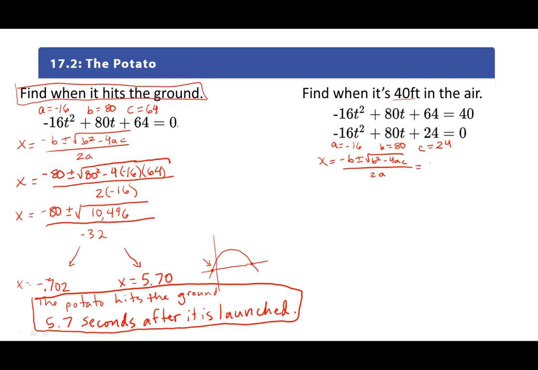And when we plug in our values, we have negative b, so negative 80, plus or minus the square root of 80 squared minus 4 times negative 16 times the c value, which is 24, over 2 times our a value. So we get x equals negative 80 plus or minus. We're going to have to evaluate it both ways with the plus and with the minus.